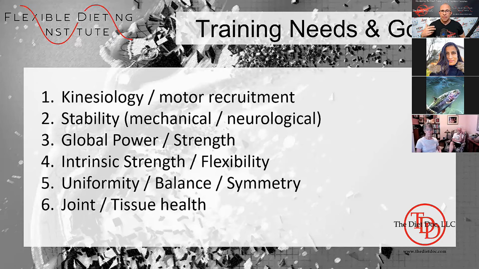It means, am I even aware of how my body can move in its most efficient, strongest, most stable way? And then to consider that global power, like that 500-pound squat, that 500-pound deadlift, it's not just gross strength. That global strength is only there as a sum of all the intrinsic strength and motion.